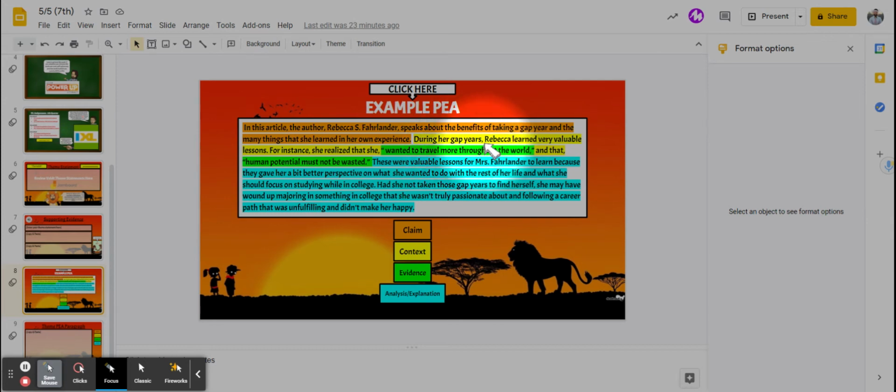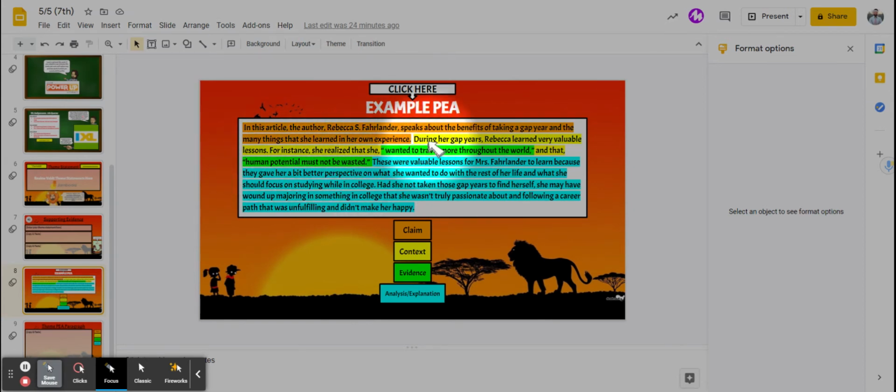She said, during her gap years, Rebecca learned very valuable lessons. That's it. So now she's probably going to show me evidence that has to do with the types of lessons that this person learned. During her gap years, Rebecca learned very valuable lessons. For instance, she realized she wanted to travel more throughout the world and that human potential must not be wasted.